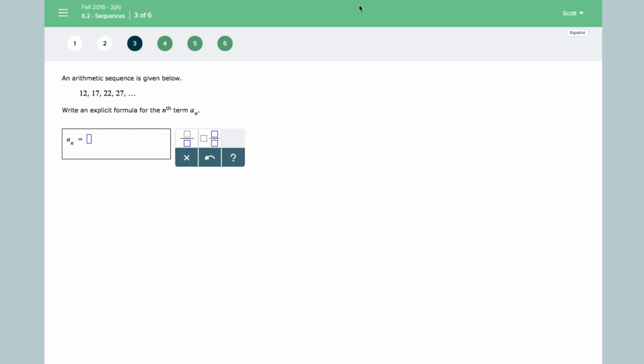An arithmetic sequence is shown. Arithmetic means it's a y equals mx plus b. And what we're looking for is the m, which is the rate of change, and the b, this part right here, which is the 0 term.